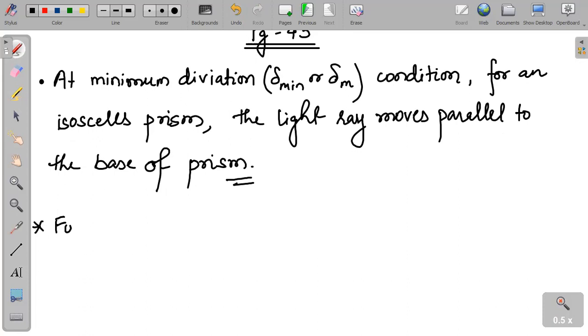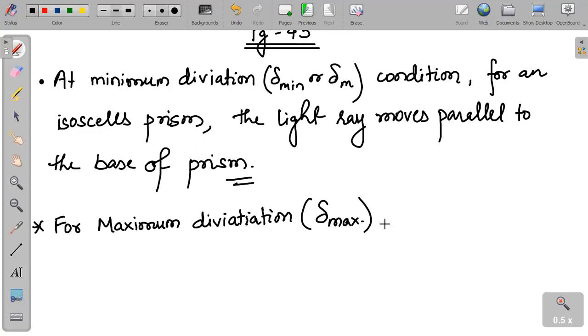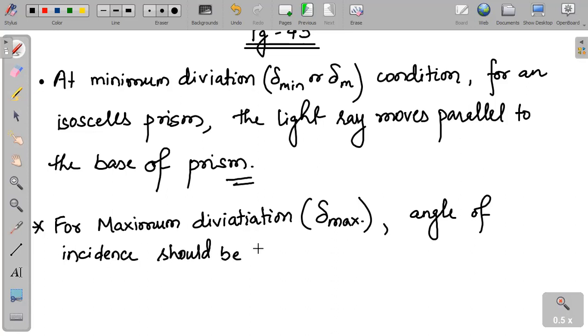A pointer for maximum deviation. That is delta max, angle of incidence should be 90°.